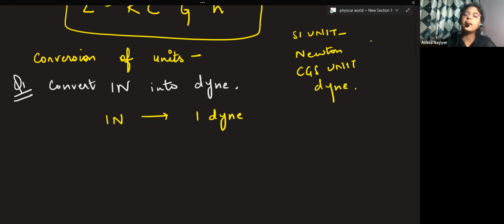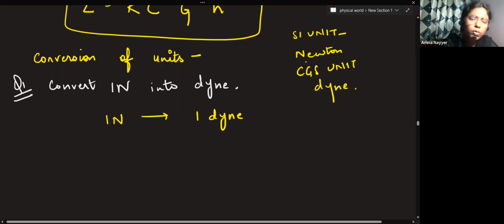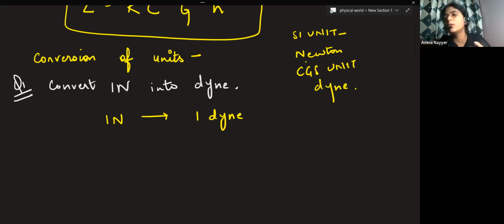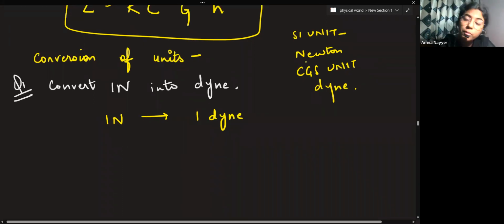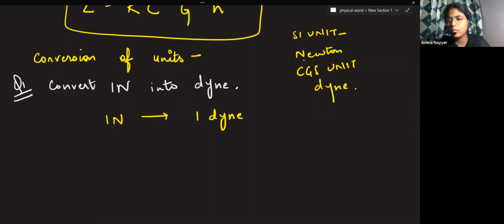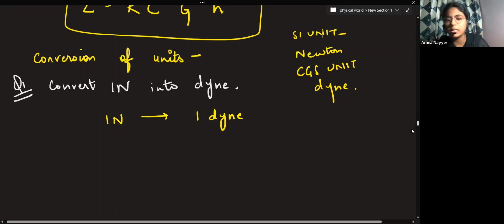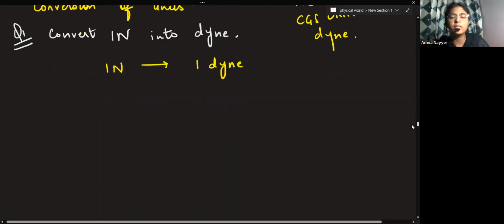If you have to make out the conversion, ultimately a few conversions you have to remember, the way you remember that 1 meter is equal to 100 centimeters or 1 kg is equal to 1000 grams. But if you're not aware of the relation between them, then how to identify?